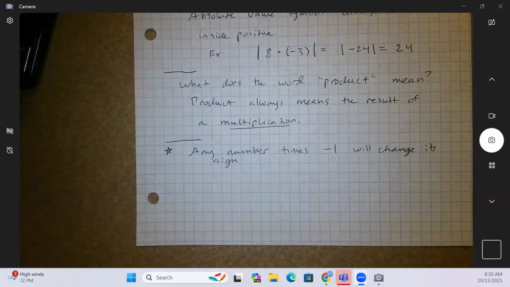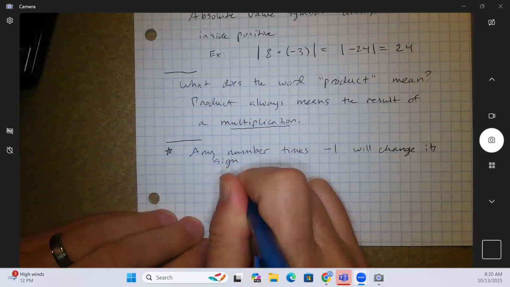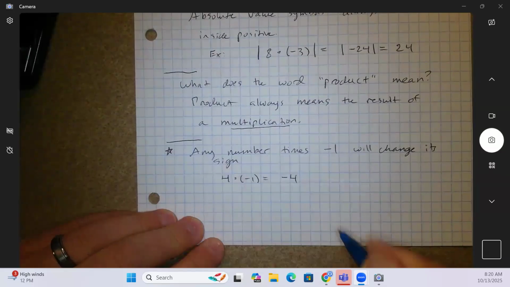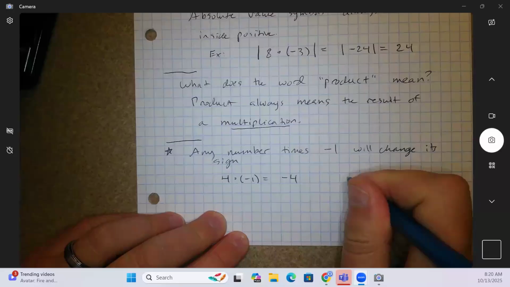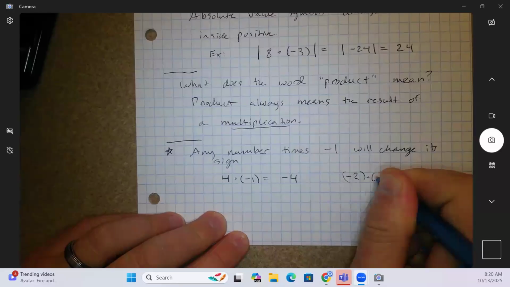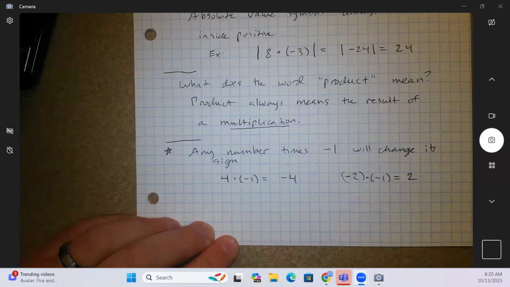And all we have to do is multiply it by -1. So for example, 4 times -1 is -4. And -2 times -1 is +2. Any number times -1 will change its sign.